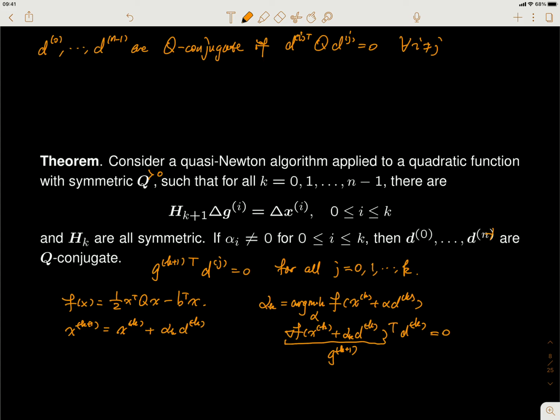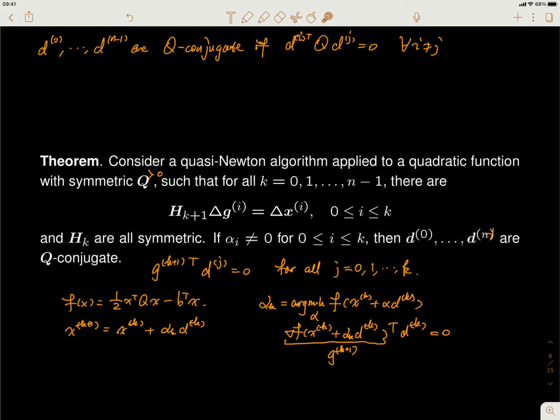If the dks are also Q conjugate directions, that means for each iteration we obtain the update of x using Q conjugate directions, then g k plus 1 will be perpendicular to dj for all j less than or equal to k. That is the thing we proved for the conjugate gradient method, but it is all based on these being Q conjugate directions.